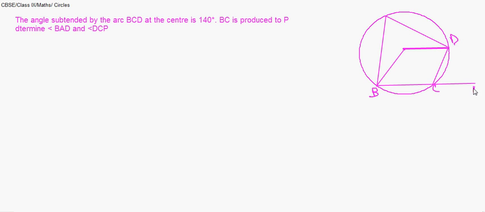BC was produced to P, sorry, this is A, this is O. This angle is measured to be 140, that's given. You have to calculate the angles which are marked red, that is BAD and DCP. I hope you'll get them right. I can give you the answers for your checking, though. You'll get BAD to be 70. You'll also get DCP to be also 70. I hope you get them right. Thank you.